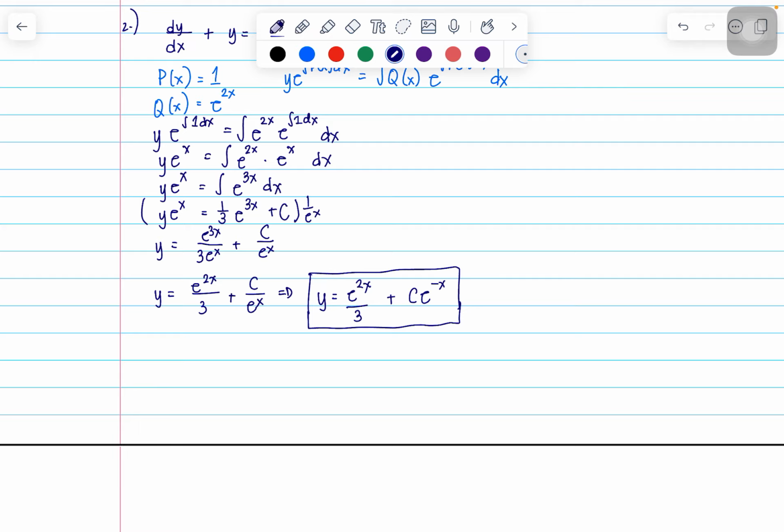Alright? Let's have one more example. So we have this equation. How do we know if we follow the first equation or the second equation?